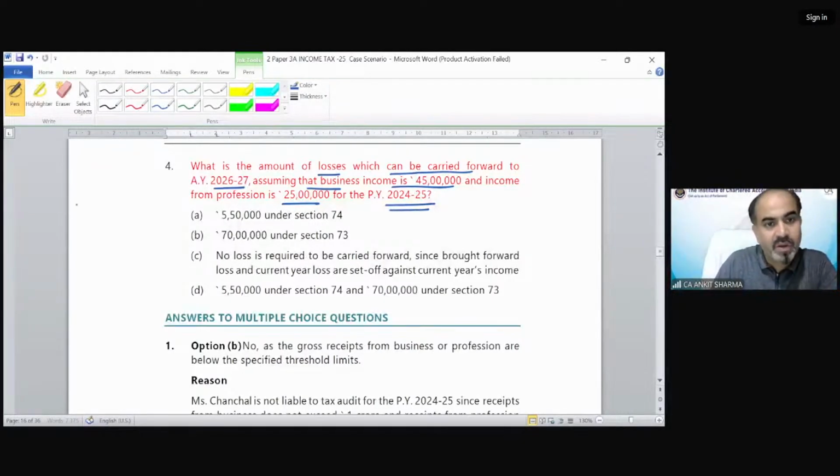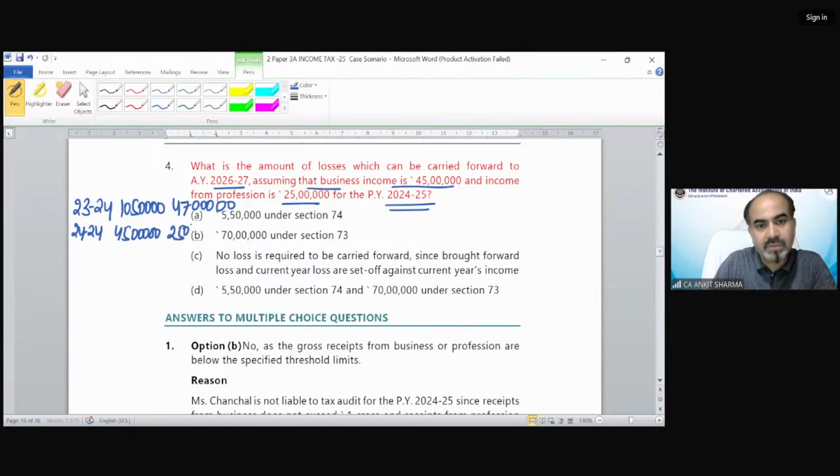So you will see for the previous year 23-24, the income given for the purpose of business is 1 crore 5 lakh. And for the purpose of profession, it has been given 47 lakh. For 24-25, the question says, suppose it is 45 lakh and 25 lakh rupees. So now you will see the total business income for this year is 70 lakh rupees.